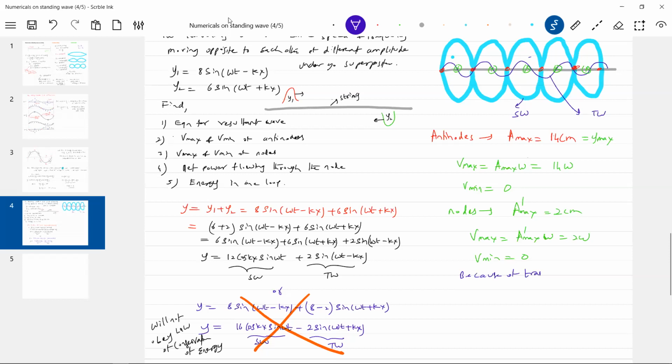Because of traveling wave on a string, nodes also vibrate with amplitude equal to amplitude of traveling wave. Okay, this is very important. So when they're vibrating, at extreme point, minimum speed will be there.